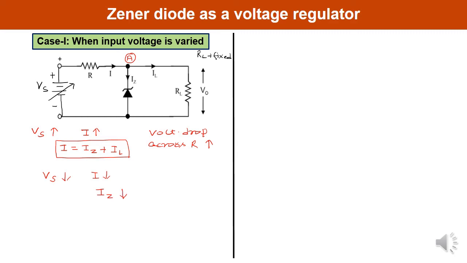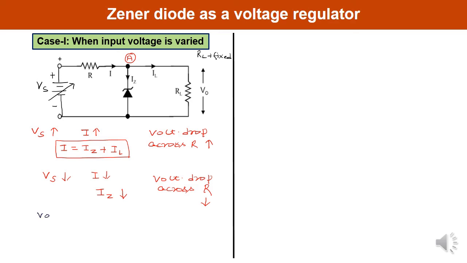At the same time, the voltage drop across the series resistance R will also decrease. It means load voltage VL and load current IL remain constant.